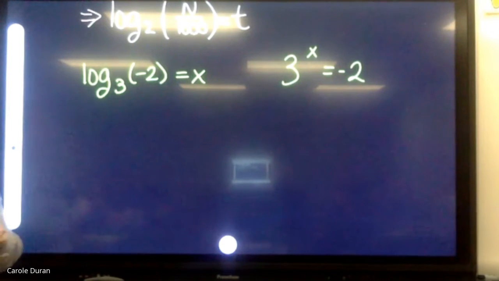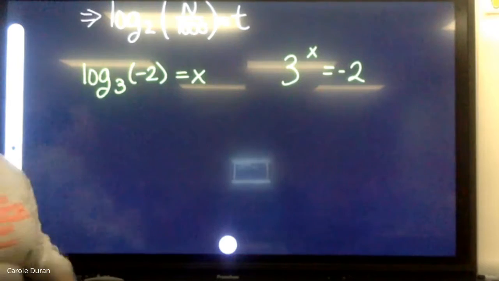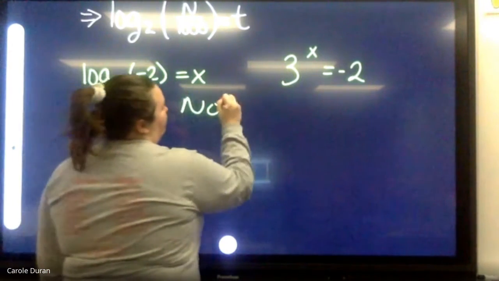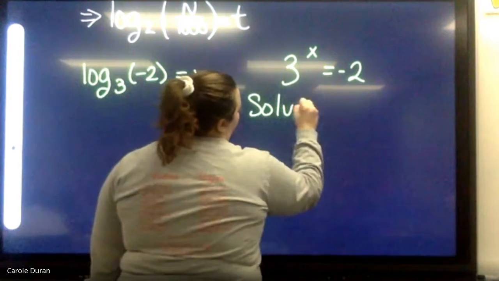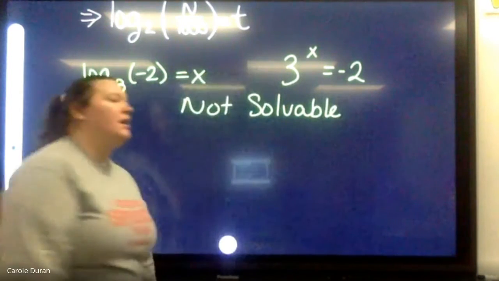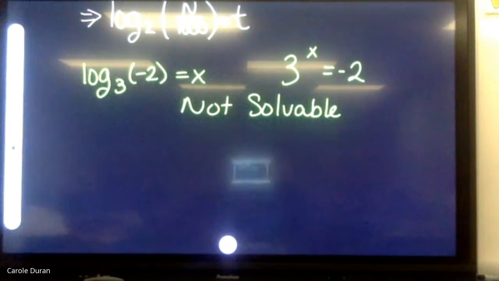Is there any way to take a positive value and turn it into negative using exponents? No. So just because we can convert it doesn't mean we can solve it. So this is a non-solvable function, or you could put no solution. Just because we can convert it doesn't mean it's always going to have an answer.